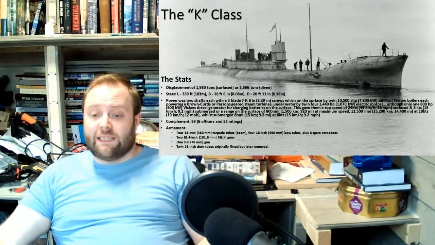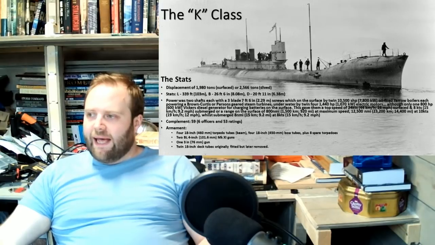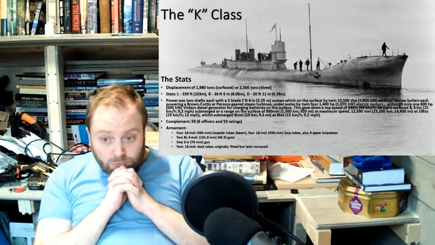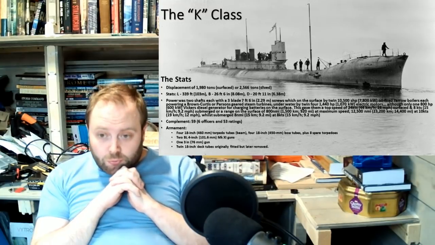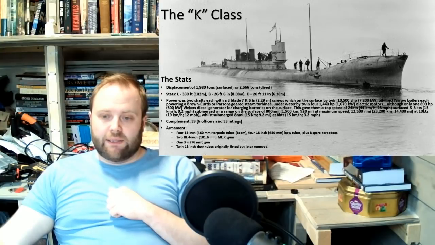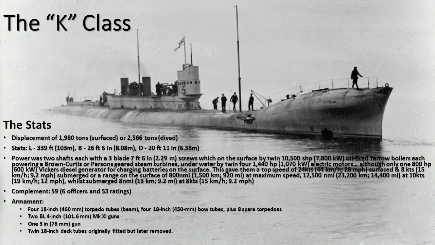So this is what they come up with. They go back to the drawing board and they test things and they go, what can we do? And it's the K class. They are designed with a displacement of 1,980 tons on the surface, 2,500 tons dived.